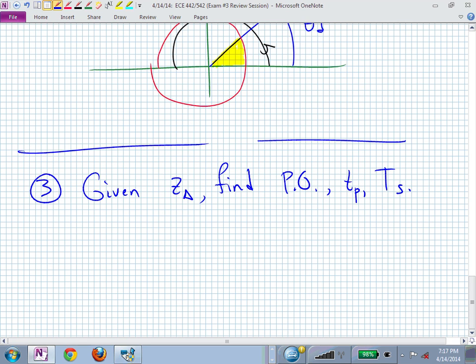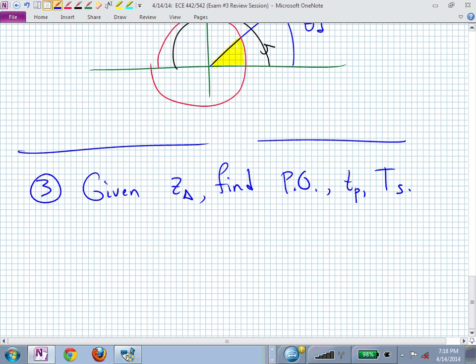I could give you a transient behavior and say, give me the system. I could give you the transient performance, and you could then tell me what z delta is. Or I could give you z delta. I might give you a transfer function, or I might give you a block diagram and say, what's the settling time of this system? And you're going, an all delay block diagram, I don't know how that works. And you'll ask, what are you asking?